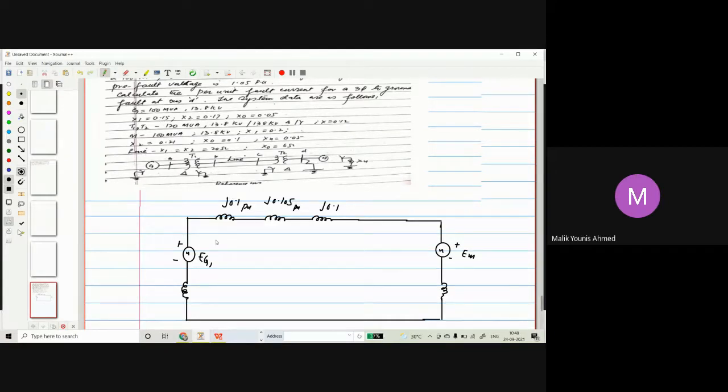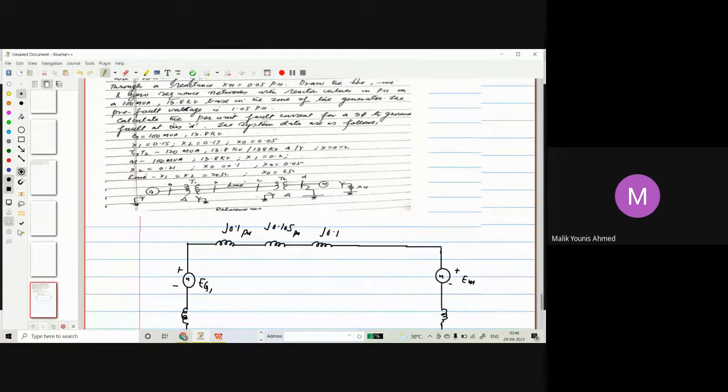Generator 1 positive is 0.15. Yes, this is 0.15. Okay, fine.